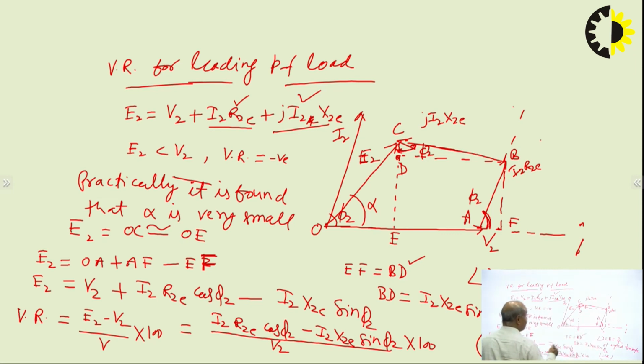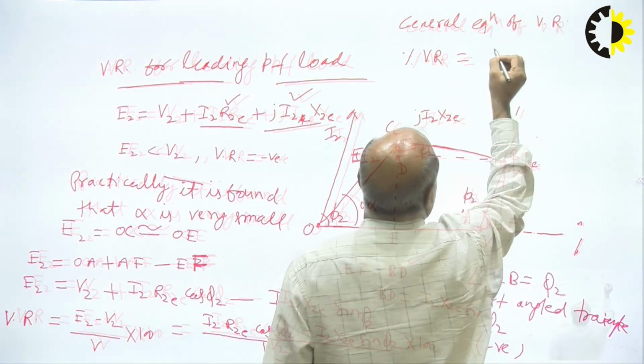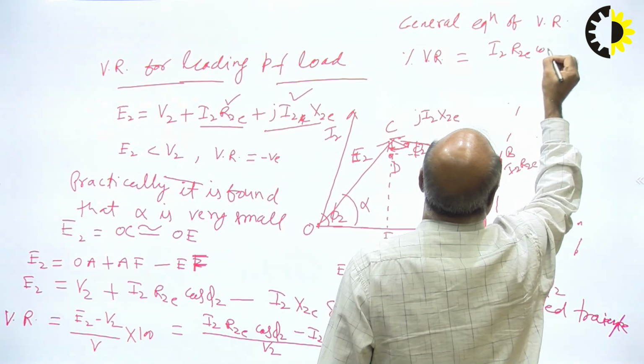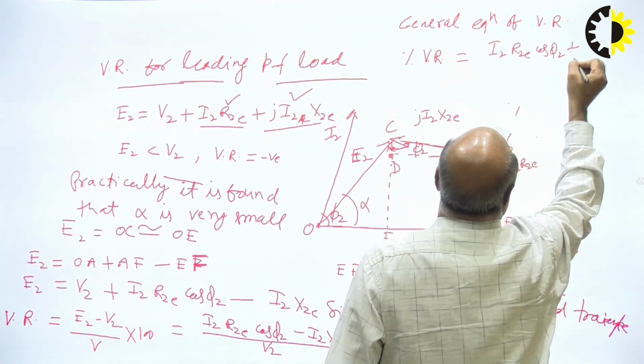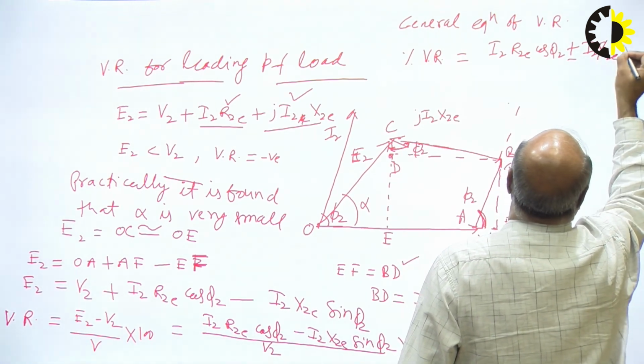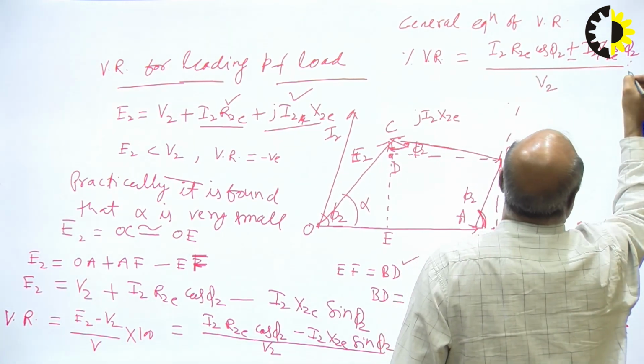So the general equation of percentage voltage regulation can be written as I2 R2E cos phi 2 plus or minus I2 X2E sin phi 2 upon V2 into 100.